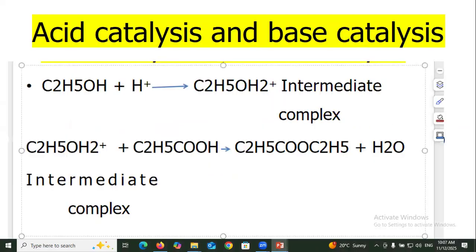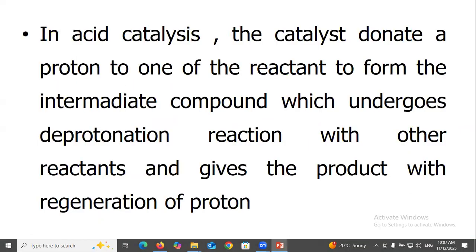Acid catalysis based reaction: ethanol reacts with acid to form an intermediate complex, and the intermediate complex again reacts with ethanoic acid and produces the ester. In acid catalysis, the catalyst donates a proton to one of the reactants to form the intermediate compound, which undergoes a deprotonation reaction with the other reactant and gives the product with regeneration of the proton.